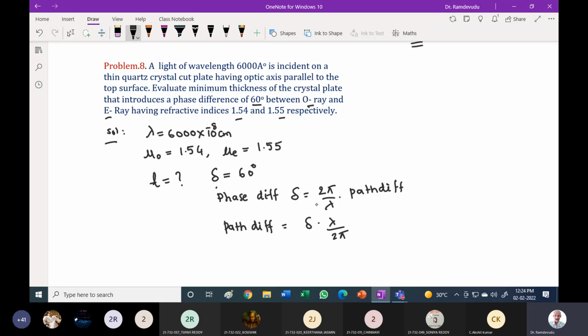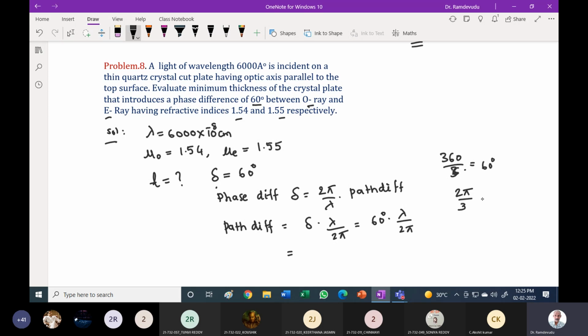They have given delta as 60 degrees, so the path difference is 60 degrees into lambda by 2 pi. Converting this, 2 pi is 360, so it becomes 60 by 360.